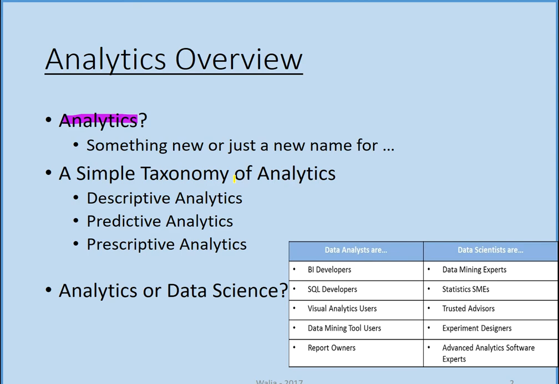So you can think of data scientists as much more technical when it comes to using data. On the other hand, data analysts are much more business oriented in how they use the data.